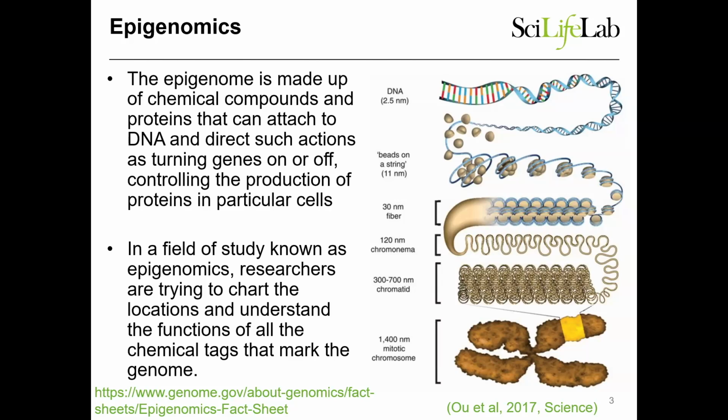So they can turn genes on and off, and thereby control which proteins are made in which cells. And this is important for example in development and cell differentiation, and in cancer and in many other areas.